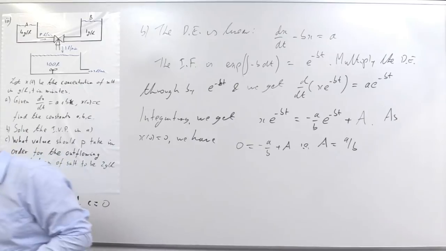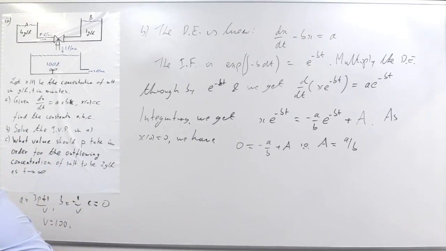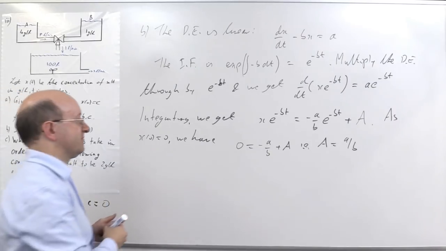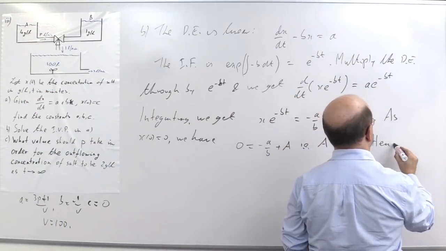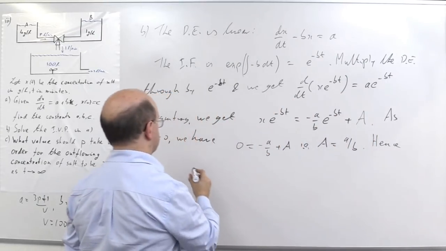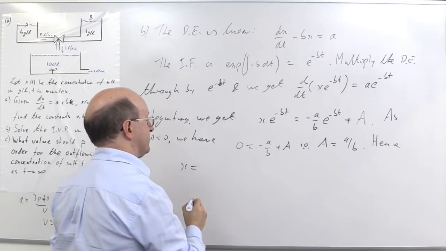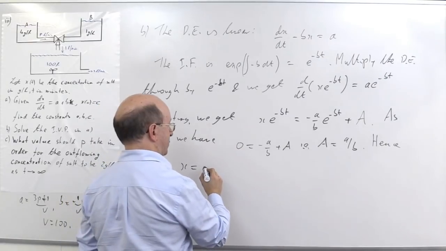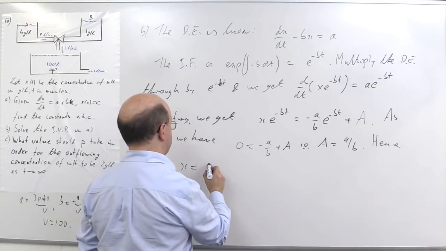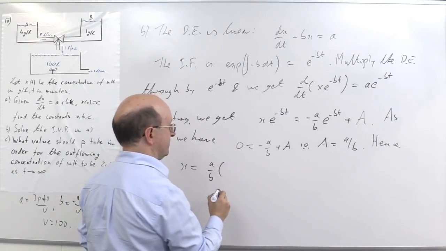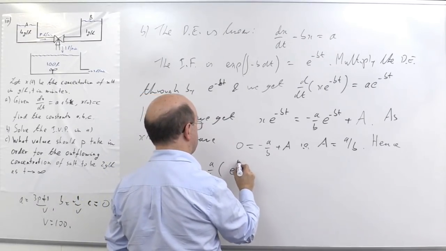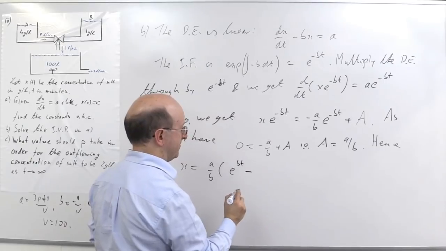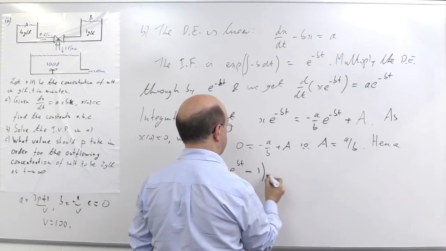And our solution, make sure we get all these minus signs in the right order. X is A over B into, when we divide it through, we're going to get an e to the bt minus 1.